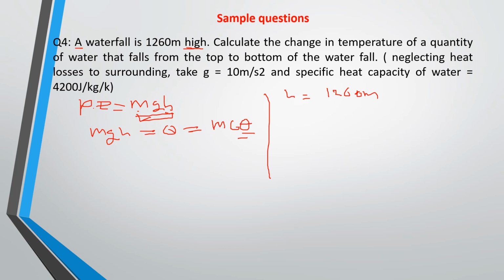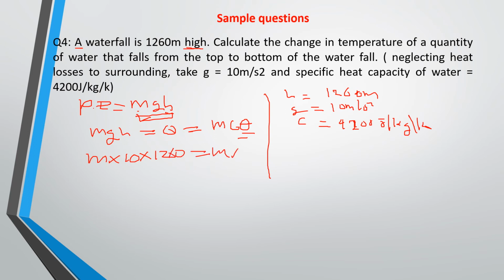Okay, then you also have that g is 10 meters per second squared and heat capacity is 4200 joule per kg K. So substitute all this information into the equation that we have: mass times 10 times height 1260 is equal to m times 4200 times change in temperature.